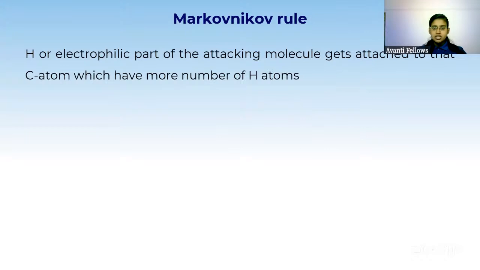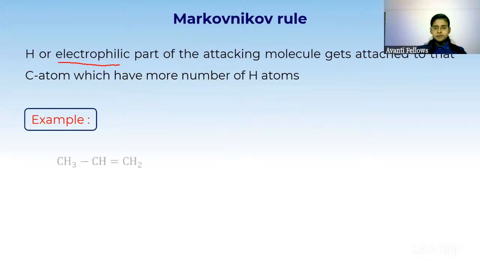Electrophilic means the positively charged part. The hydrogen or the electrophilic part of the attacking molecule gets attached to the carbon which has more number of hydrogen atoms. Let me take one more example.